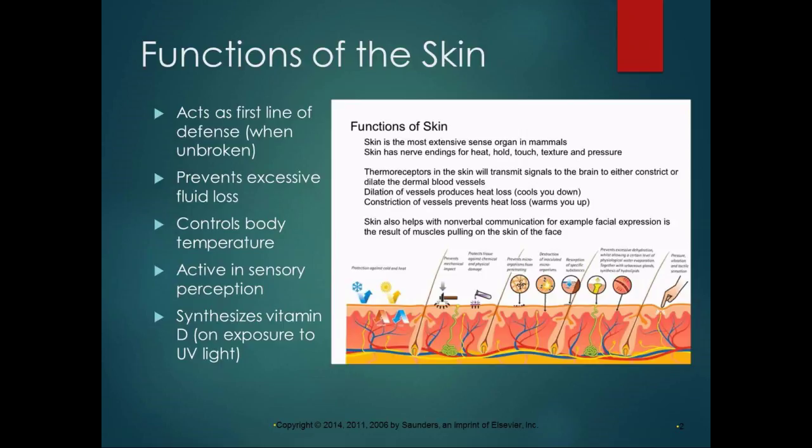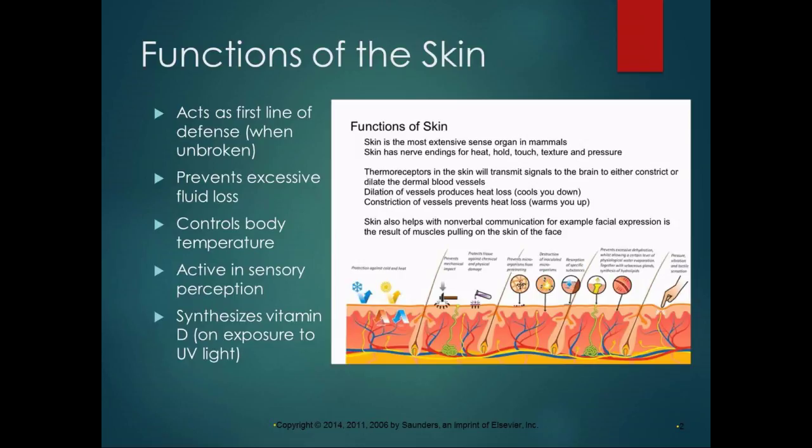So unbroken skin acts as our first line of defense. That is our first non-specific line of defense against pathogens that are coming in the body, or trying to, but the skin's going to stop it. So if our skin's unbroken, we're protected against invasion by microorganisms and other foreign material.